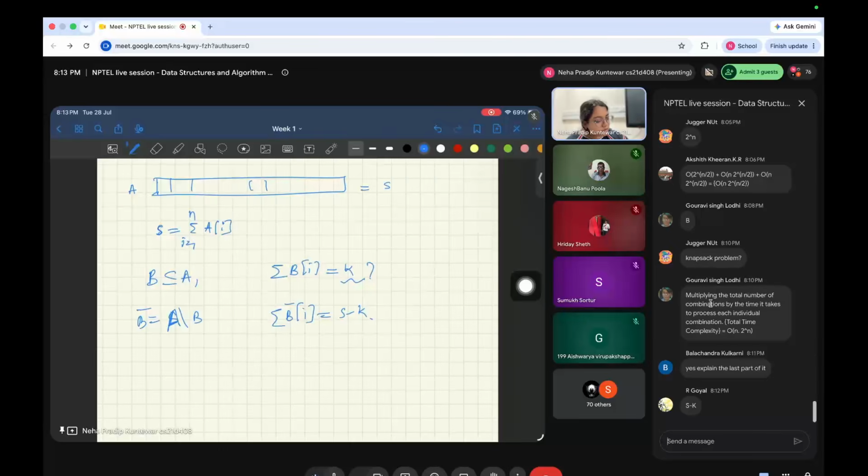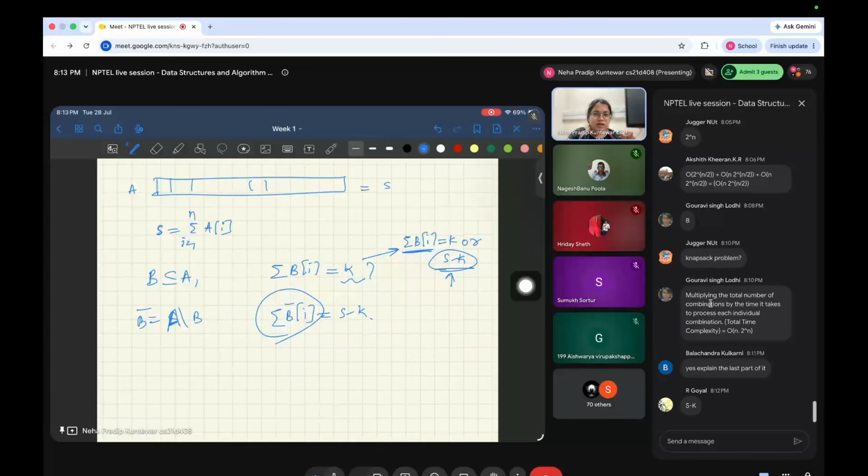Instead, in this step itself, I check if the summation of bi is equal to k or S minus k, because even if the summation of bi is S minus k, that means if you sum up the elements in the complementary set, you will get a sum of k, and you will end up saying yes. So instead of iterating over this, I will make that check here itself.